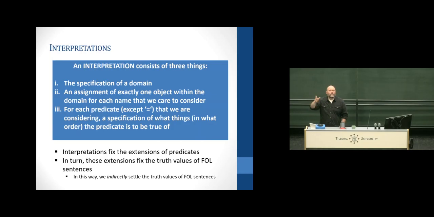T stands for one trusts two. That doesn't fix the extension unless we go out and look. But what we want to do when we're building interpretations is we want to specify extensions. Because only once we have the extensions of the predicate will we know whether atomic formulas are true or false.